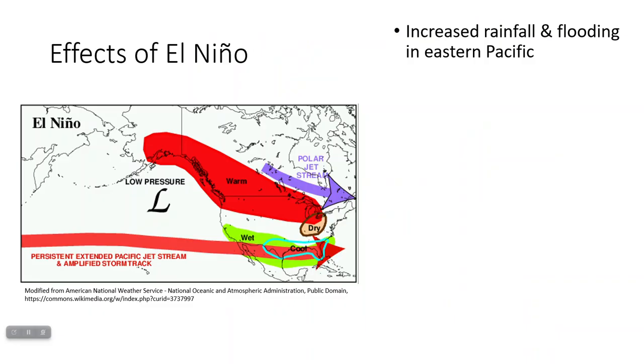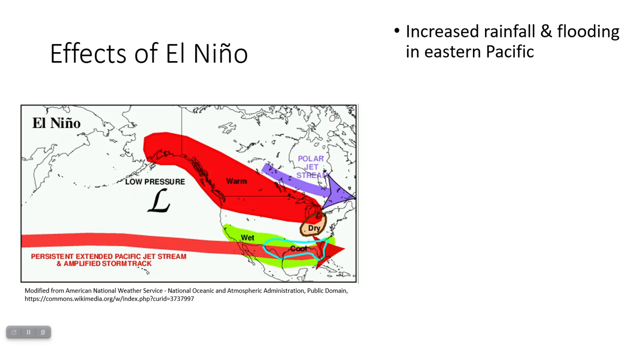In general, there are some typical climate changes that are associated with El Nino. On the AP test, you'll see some questions about the United States, some questions about global effects as well. So I put a diagram here that emphasizes what's happening in the United States, but the descriptions are about what's happening throughout the world.